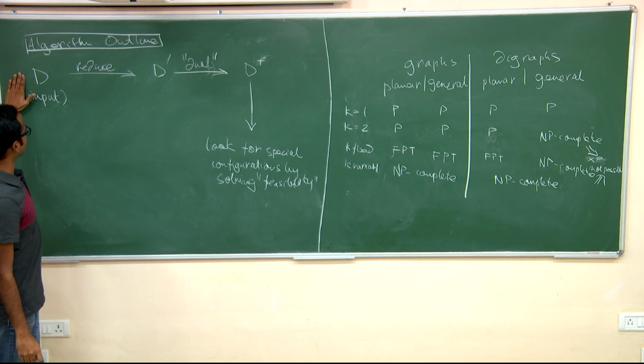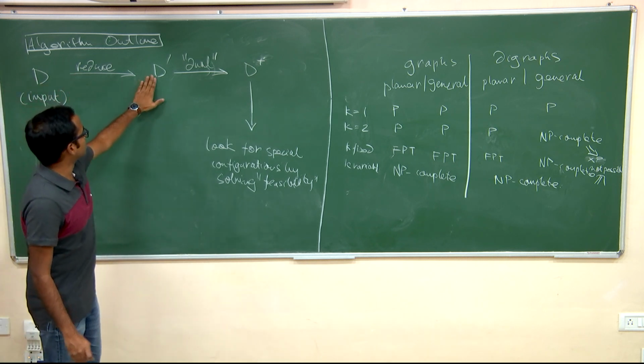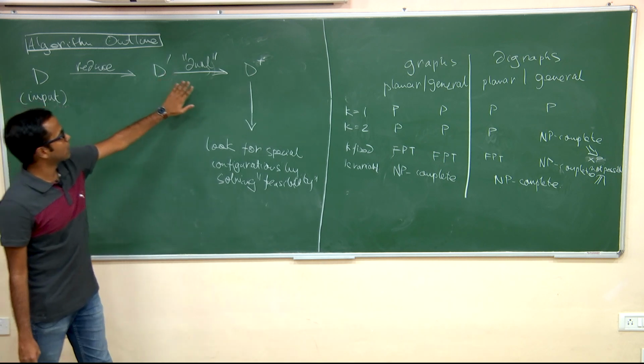So the algorithm gets this input. It will reduce that graph by contracting edges into a graph D prime, and then it will look at the dual.